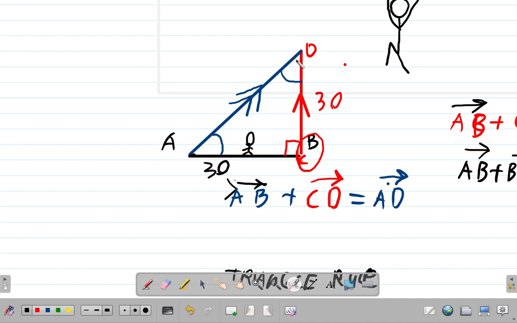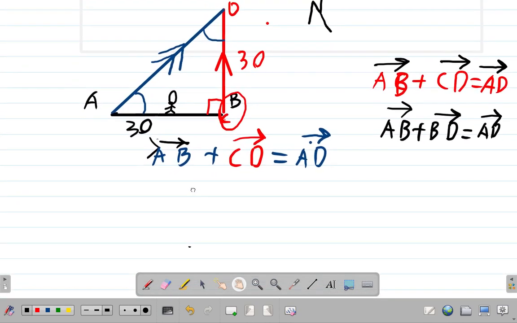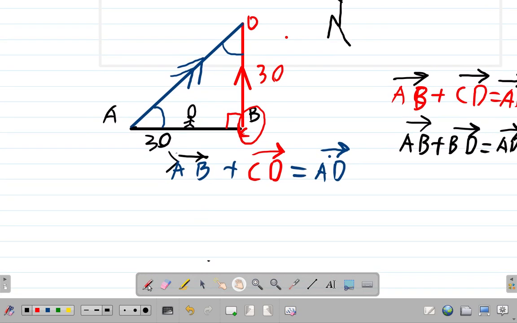So you see, you have a horizontal vector and a vertical vector. They add to give you the resultant vector here. But what we want to do right now is calculate the magnitude of AD. How do we calculate the magnitude of AD?